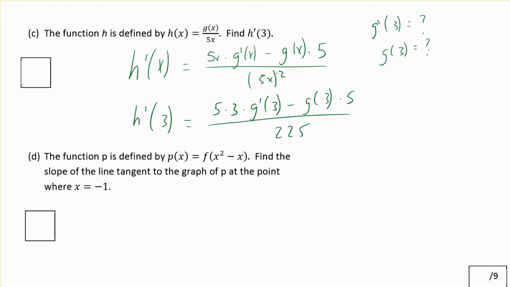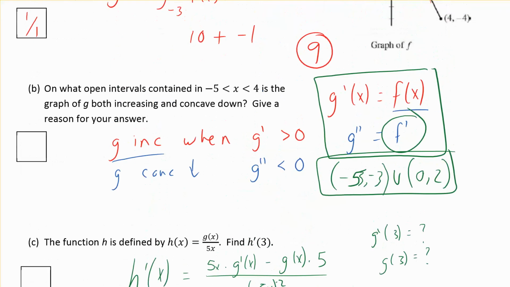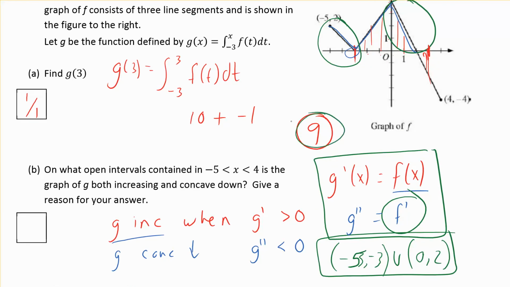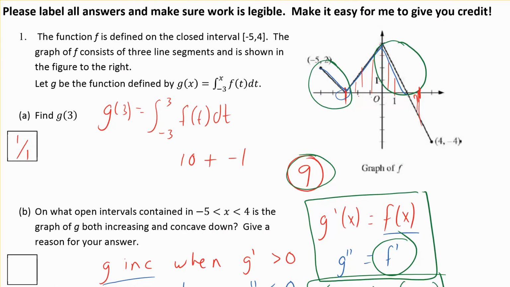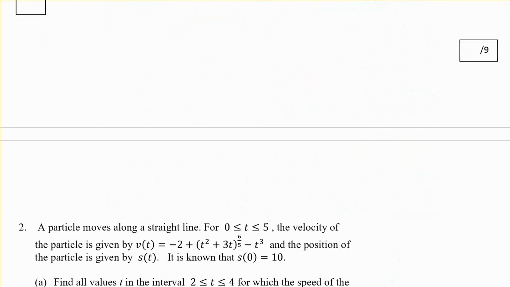And you'll notice they do this a lot. They've already asked us what g of 3 is. G of 3 was 9. So then I look at my graph. What is g prime of 3? G prime of 3 should equal f of 3. F of 3 is negative 2 because of our slope.